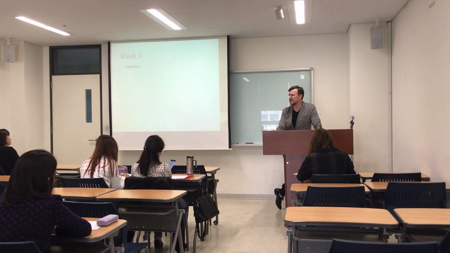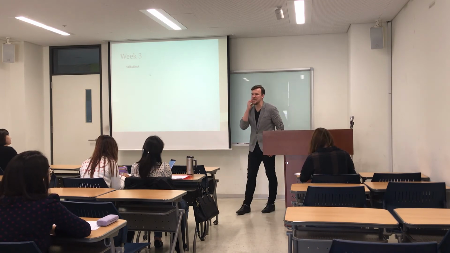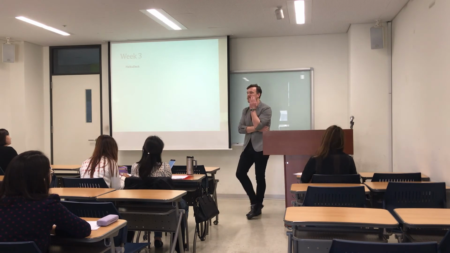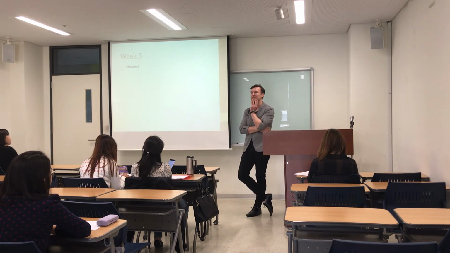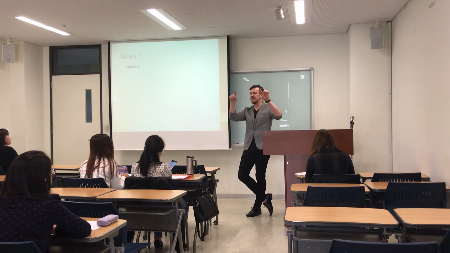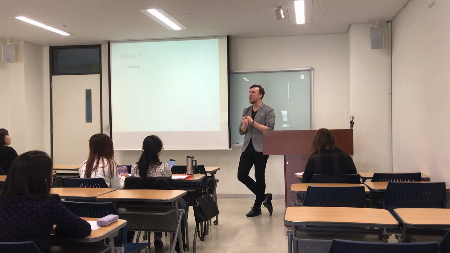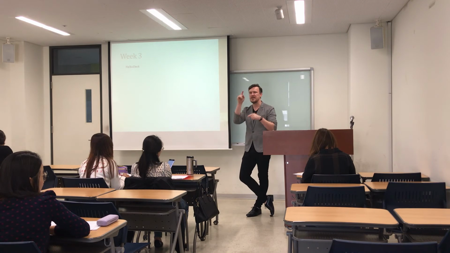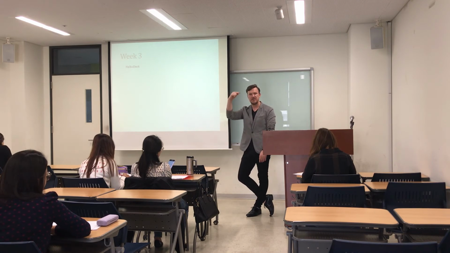Haiku. What's a haiku? Does anyone know what haiku is? It comes from Japan. Haiku is a poem, a type of poem. A haiku is a poem style. I think it's 7 syllables, 757.